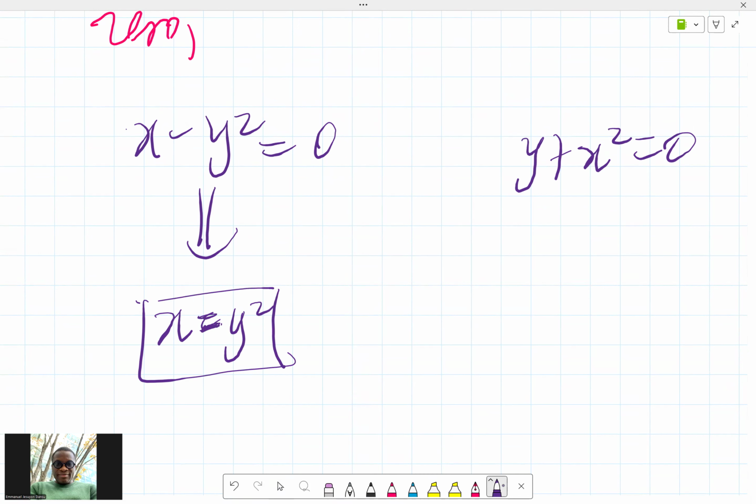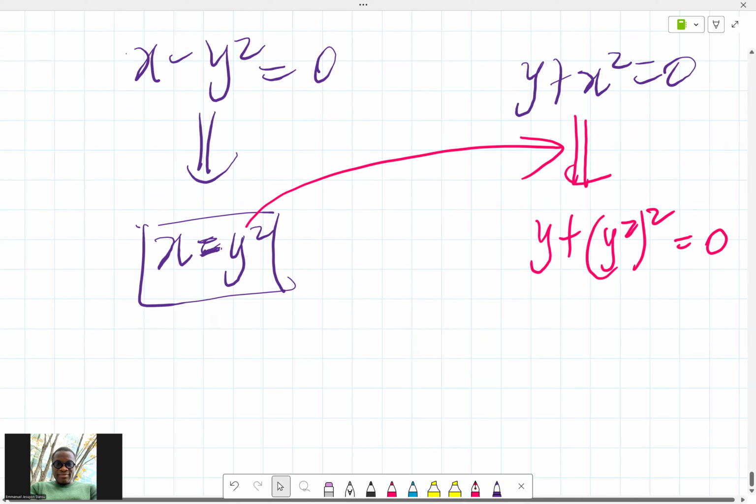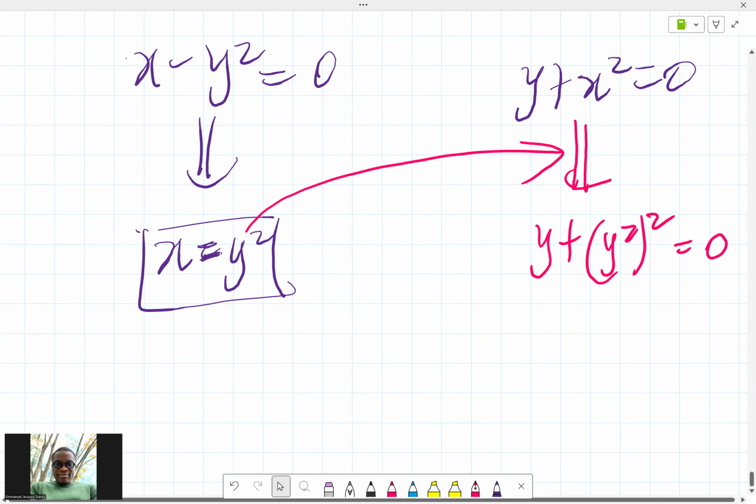With this, we can come over here and say that since x is equal to y squared, we have y plus y squared squared equals 0. Wherever you see x, you put y squared.